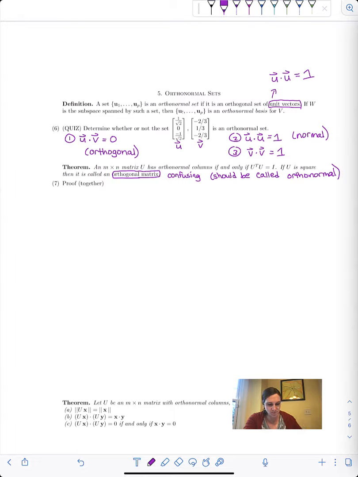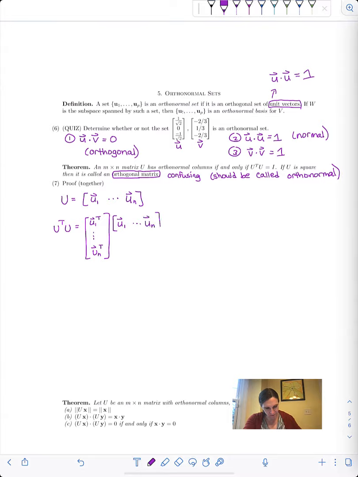So let's prove this. Let our matrix be U, an arbitrary m by n matrix. If we write down U transpose times U, that's going to look like we take the transpose of each column and multiply by the matrix that has those columns. And so we end up with a big matrix.